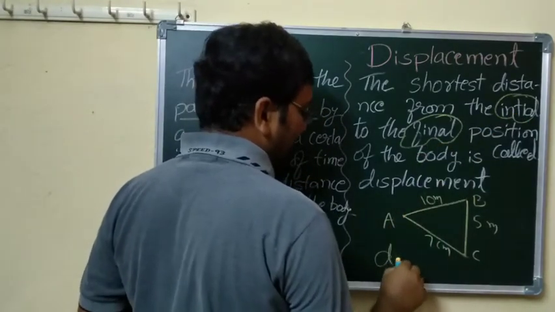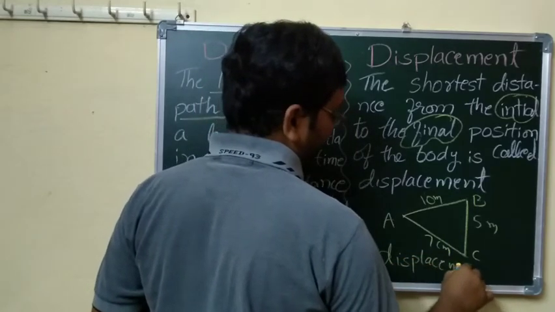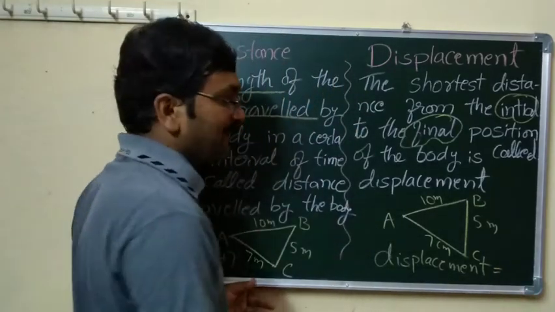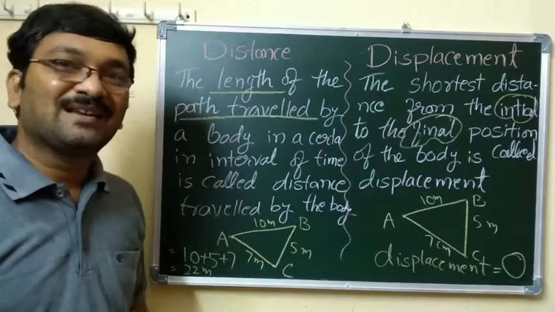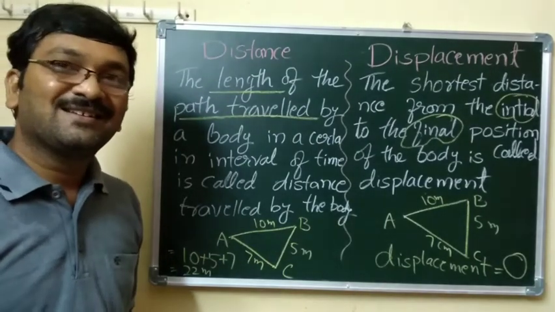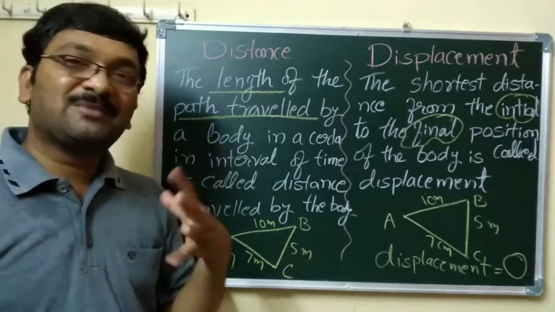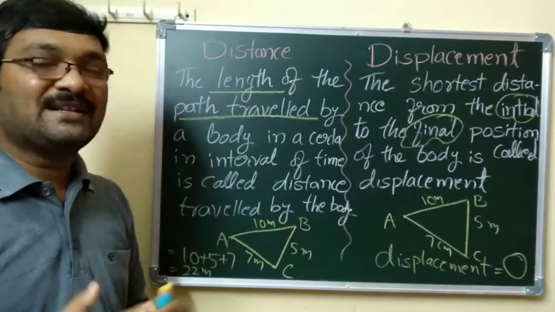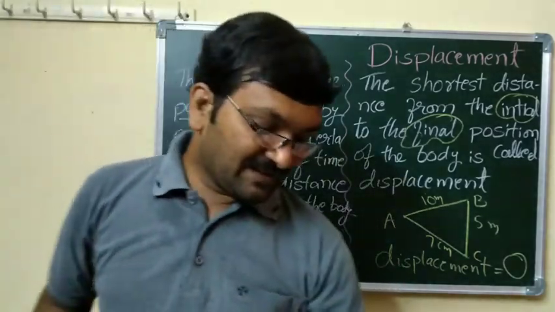Here we can write the displacement is how much? 0. Displacement is 0. So I think some people may get confused, so I'll take an easier example for you.